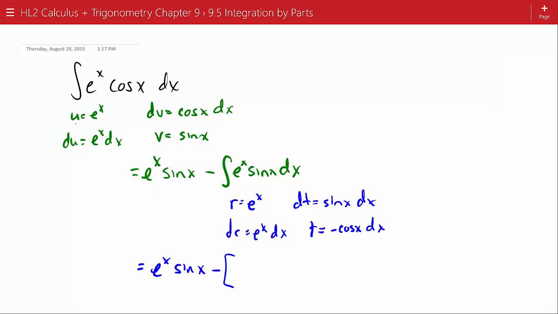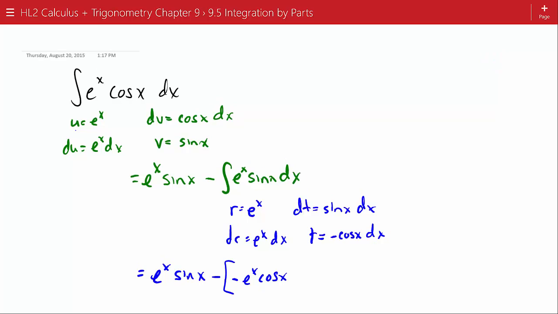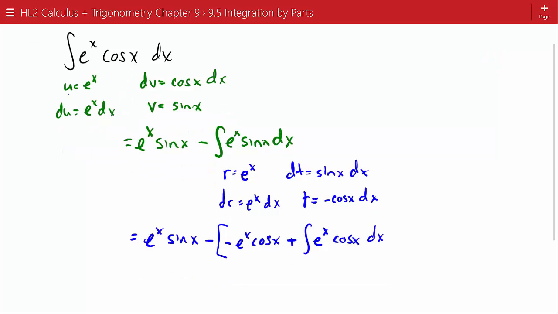So r times t, negative e to the x cosine x, minus the integral of t dr, so it actually becomes plus the integral e to the x cosine x dx.